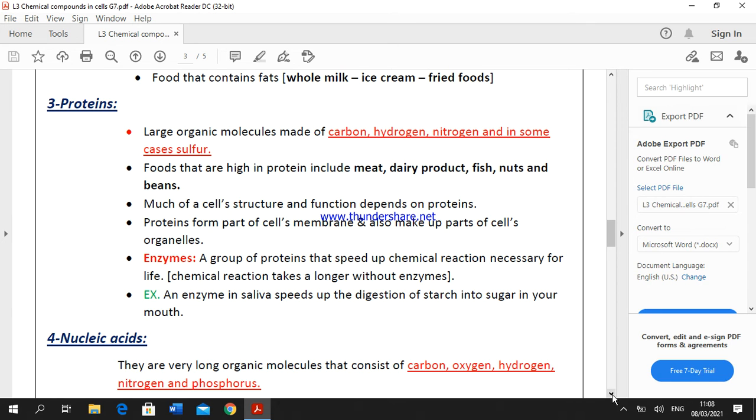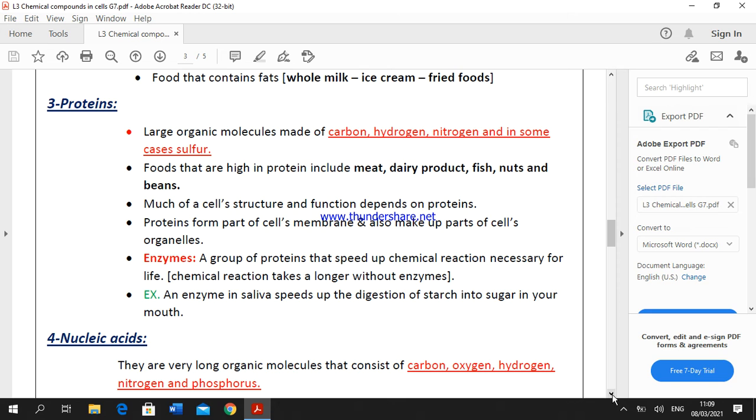And we have an important chemical compound inside our bodies called enzymes. Enzymes are a group of proteins. Their function is to speed up the chemical reactions necessary for life. So the chemical reactions inside a living organism's body take a longer time without enzymes. For example, we know that saliva juice is secreted by the salivary glands.